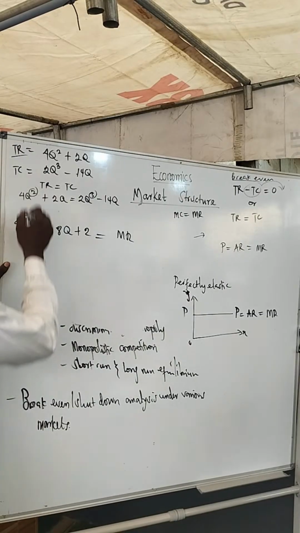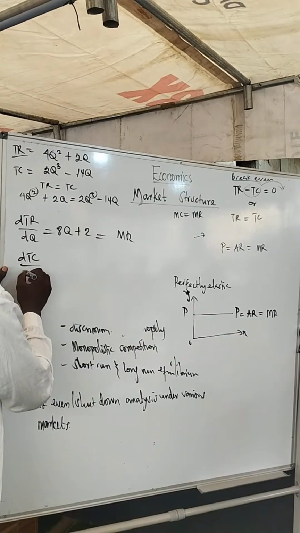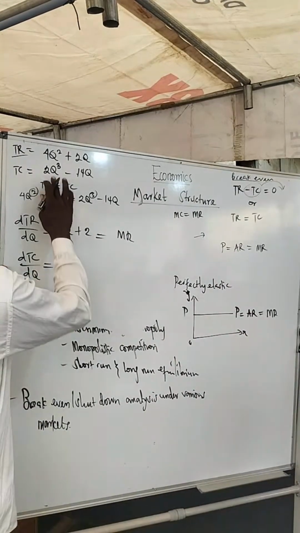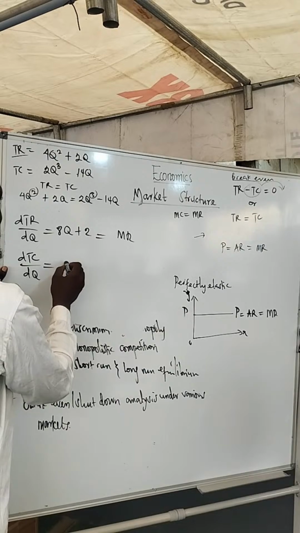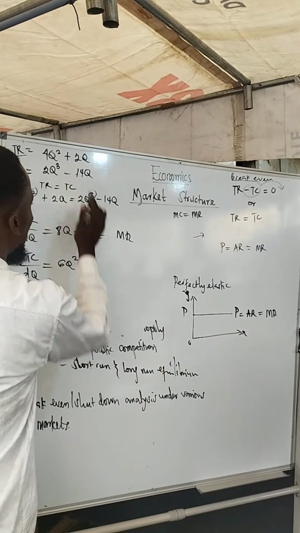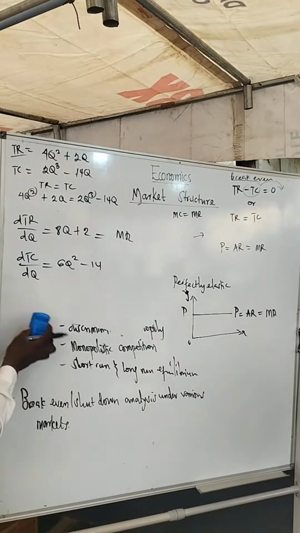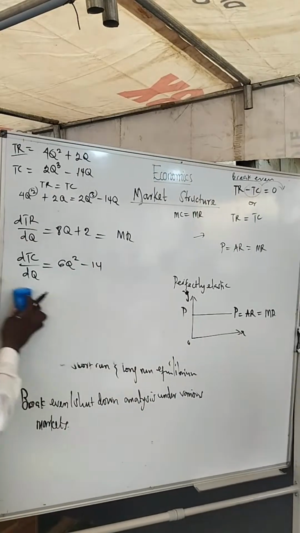And for total cost, dTC/dQ, if I differentiate, I'll have 6q squared minus 14. So if I have to do this to find the profit maximizing output, what will I do, everybody?